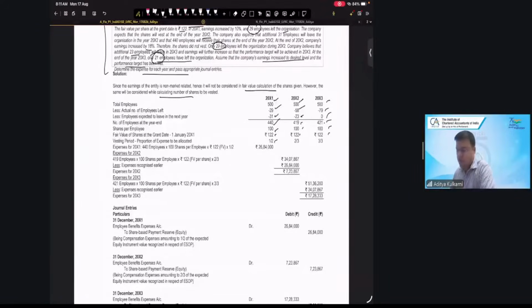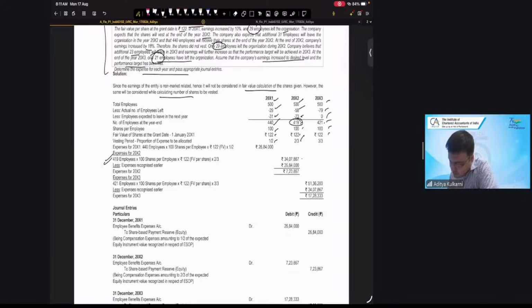So, proportion of expense to be allocated, half, because at the end of first year, you expected to vest in the second year. At the end of second year, you expected to vest in the third year. So 2 by 3 and 3 by 3. So expenses for 20x2, 419 employees into 100 shares into 122 into 2 by 3.